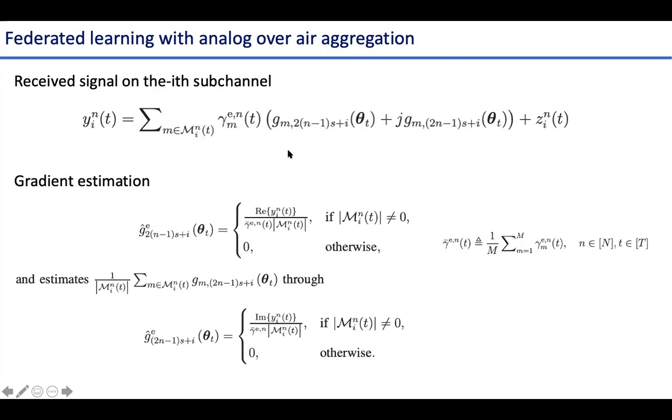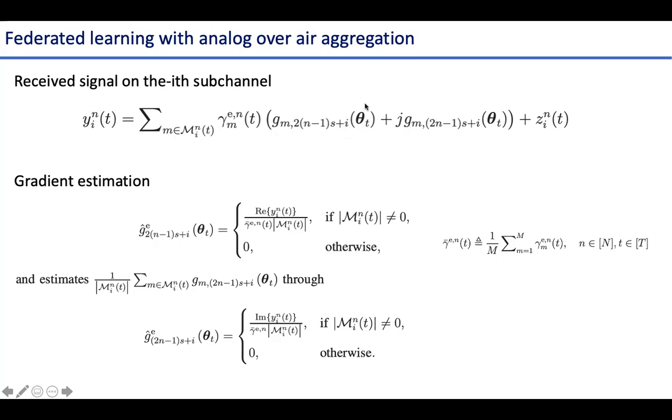So now I write the received signal per subcarrier. The received signal on subcarrier i at time slot n of iteration t is the aggregation of the individual signals on that subcarrier. We have real and imaginary channels.